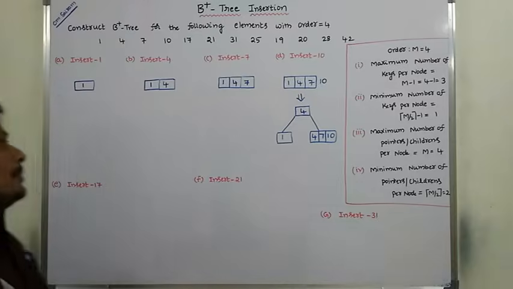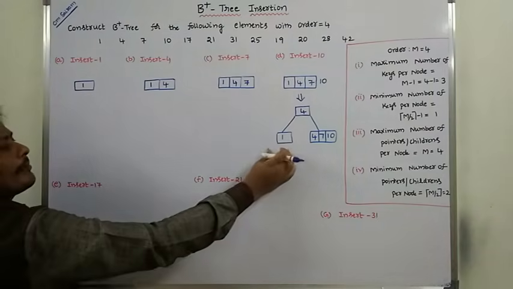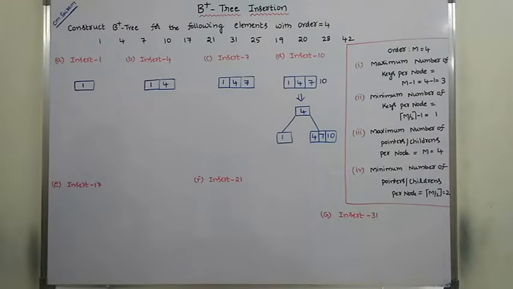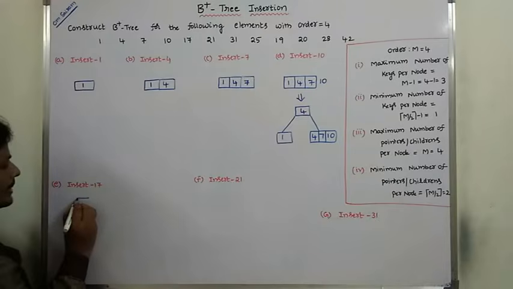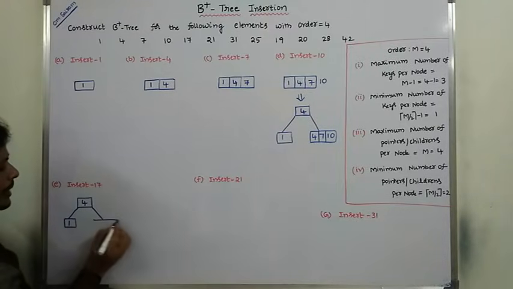Okay. Next. So after inserting 10, this is the tree we are getting. Next, insert 17. So before inserting 17, what is the B plus tree existing? 4 left child is 1 and 4 right child are 4, 7, 10.